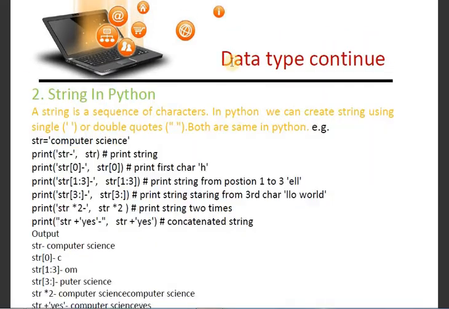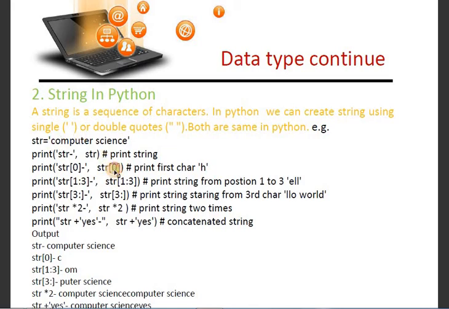Now next one is the string, and you all know that anything which is enclosed within single and double quotes, that is called the string. Here you can see in the example, this is one string, and if I write this, output is computer science. And here you must understand one thing, that indexing of the string starts from 0.